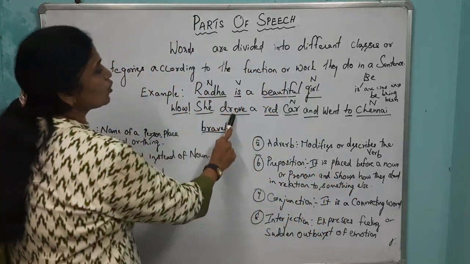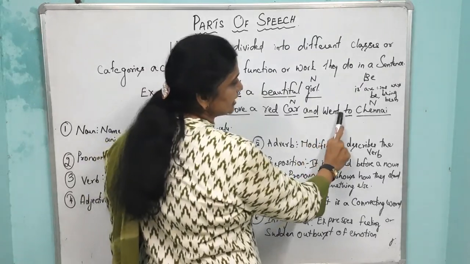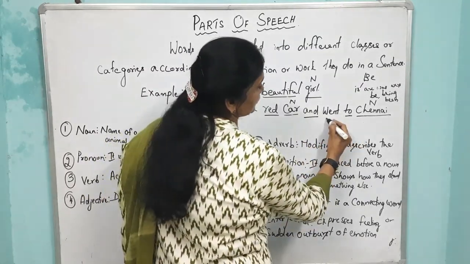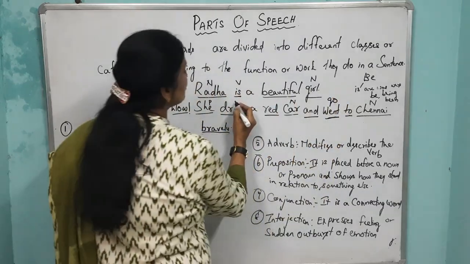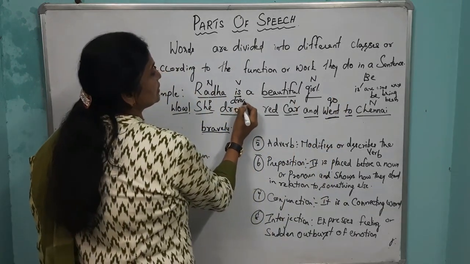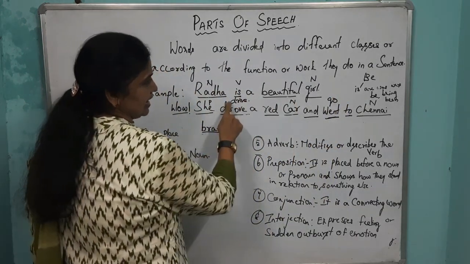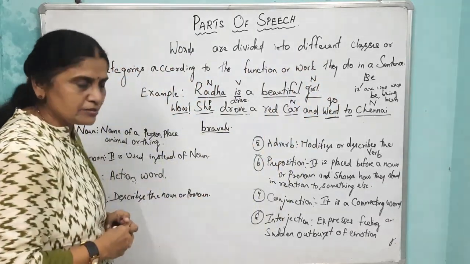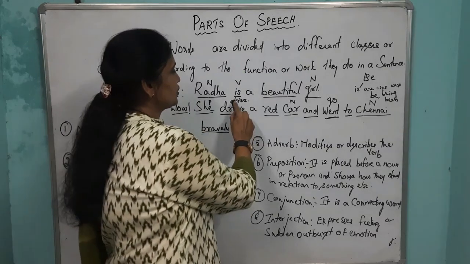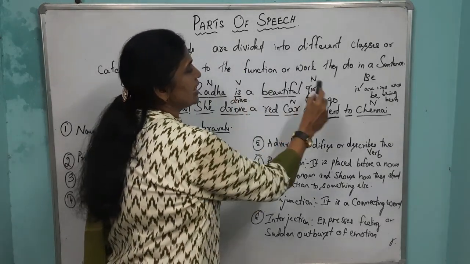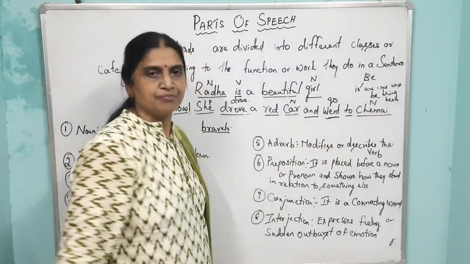So she drove a red car and went to Chennai. See, went. What is the present tense of the verb went? Go. Here, drove, drive. So the basic verbs are drive and go. These are verbs because they are action words.